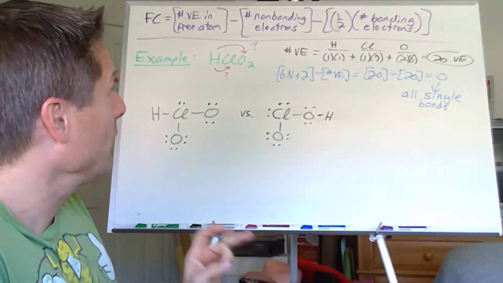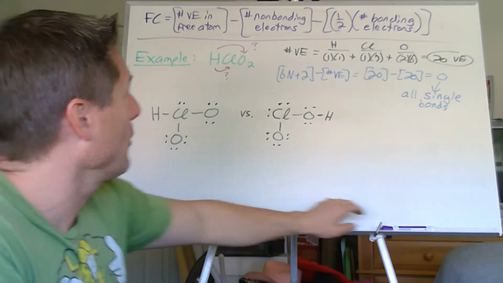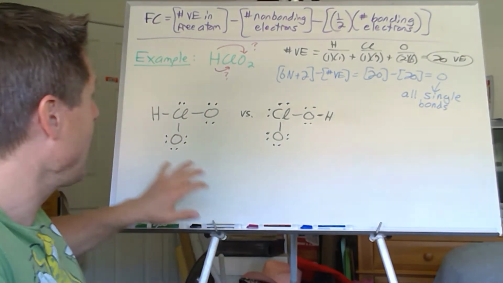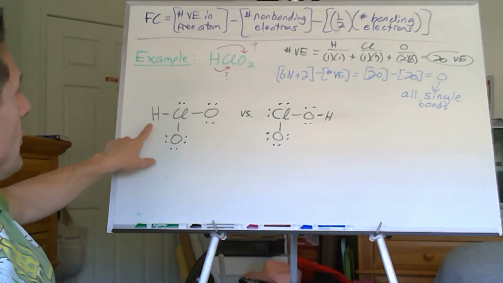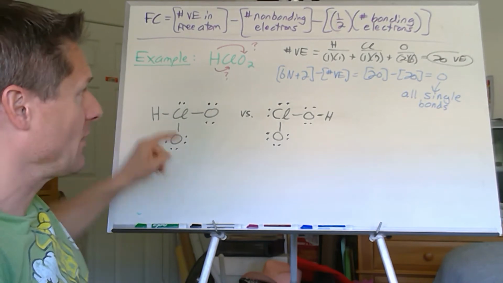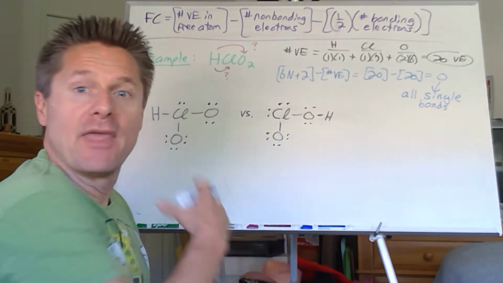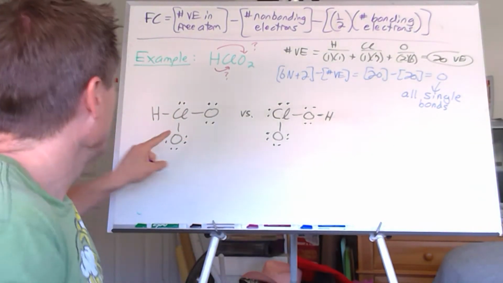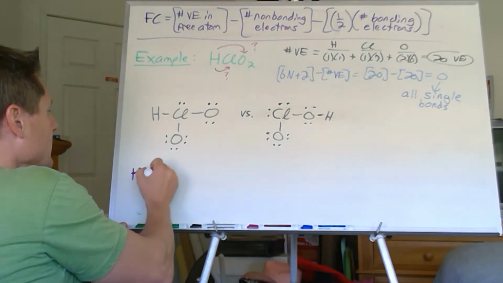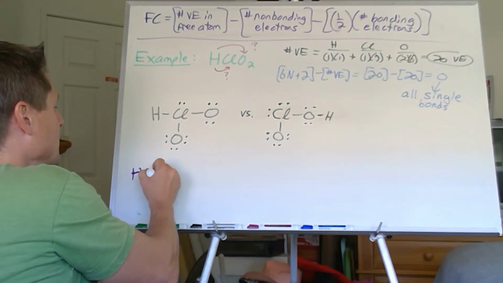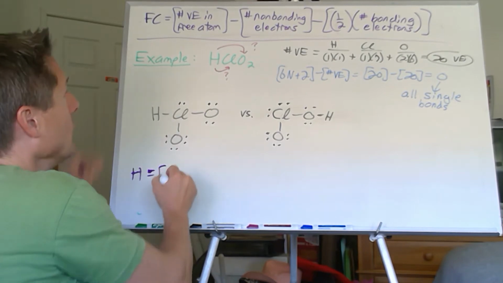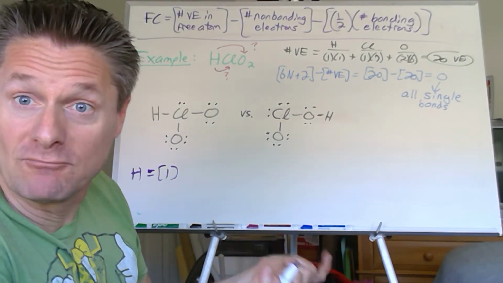We can represent that with formal charges. So let's do the formal charges in purple. You ready to calculate these? So let's do the hydrogen. All right. So I'm just going to write them here and then erase them as I go to the next atom. We know hydrogen has 1 electron in the free atom, right? It's in group 1.